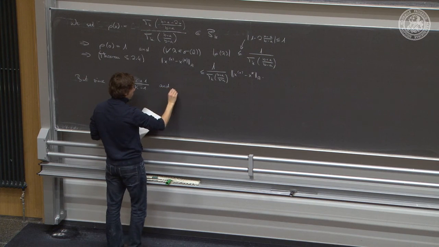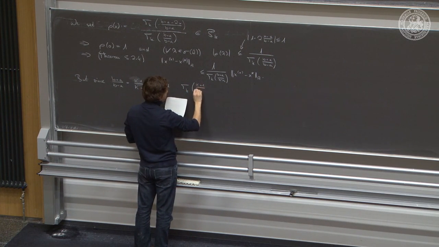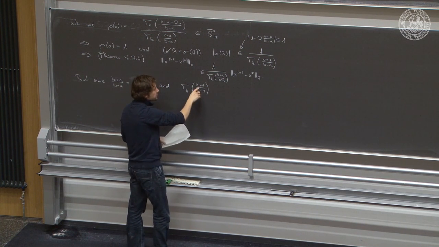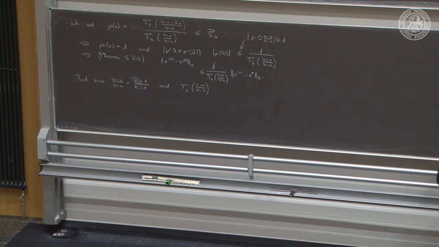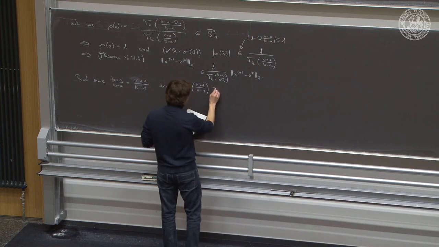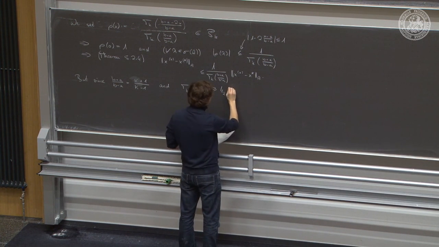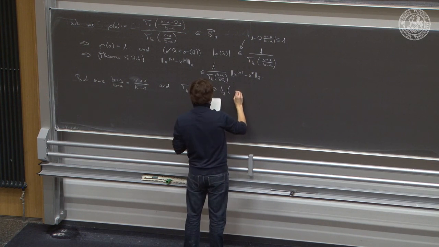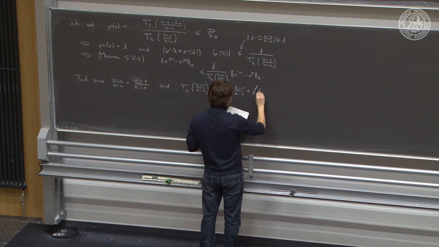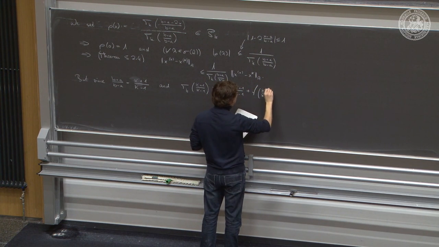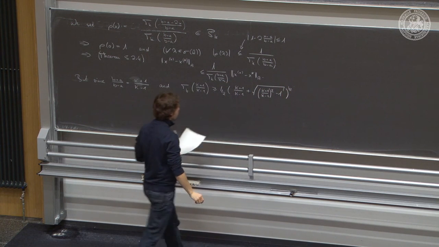Furthermore, T_k of (kappa plus 1) divided by (kappa minus 1) can be estimated, since the argument is greater than 1, from below by 1/2 times the expression (kappa plus 1) divided by (kappa minus 1) plus the square root of ((kappa plus 1) divided by (kappa minus 1)) squared minus 1, with exponent k.